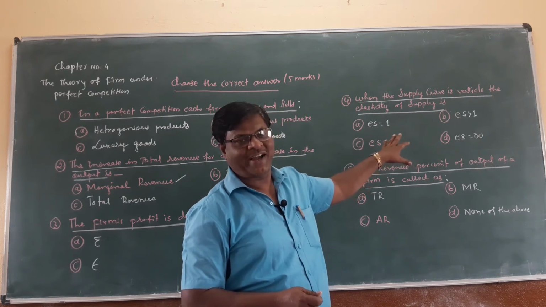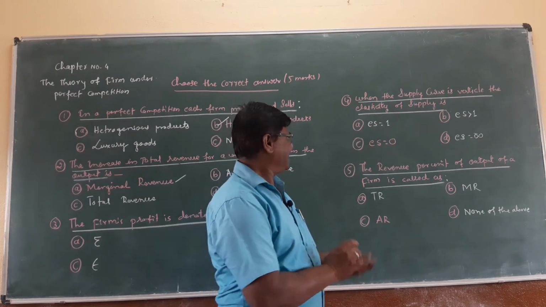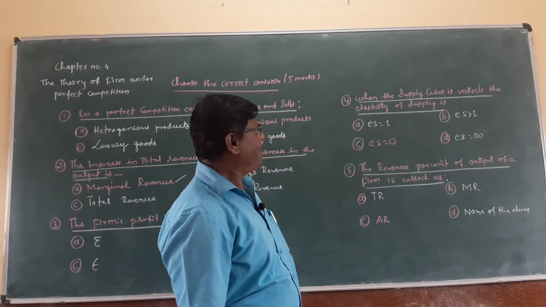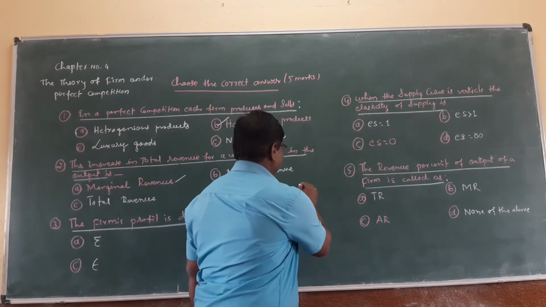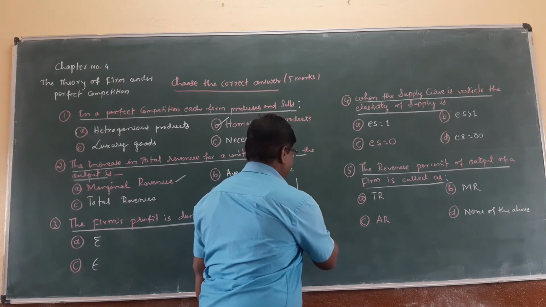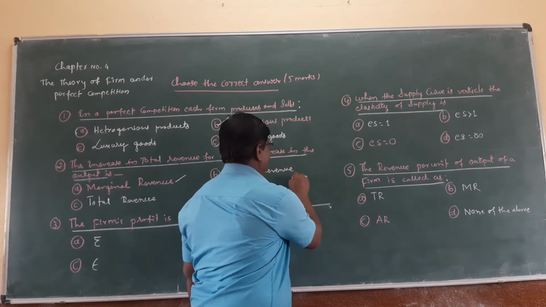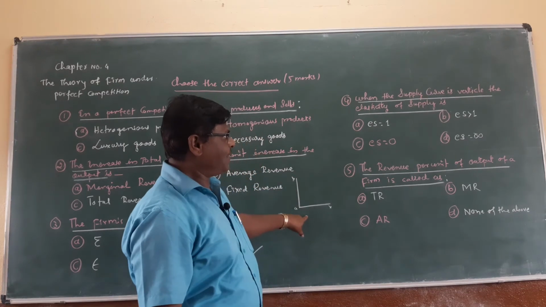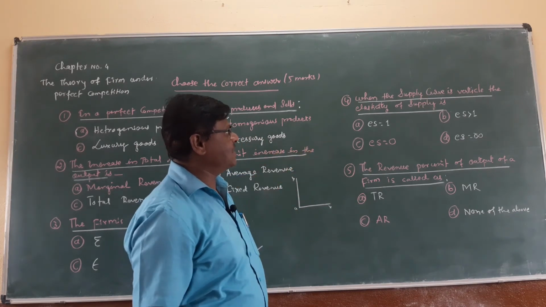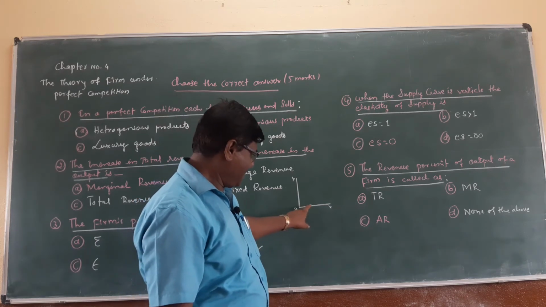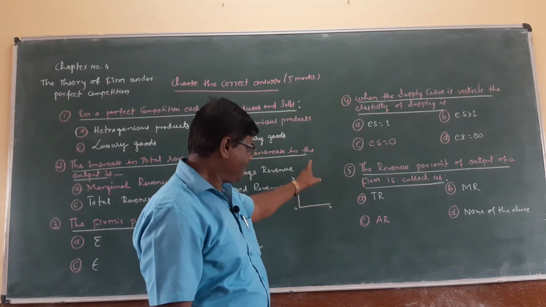How to find out? You have to understand by the diagram. It is the supply curve, with axes OX and OY. This is the horizontal, this is the vertical.